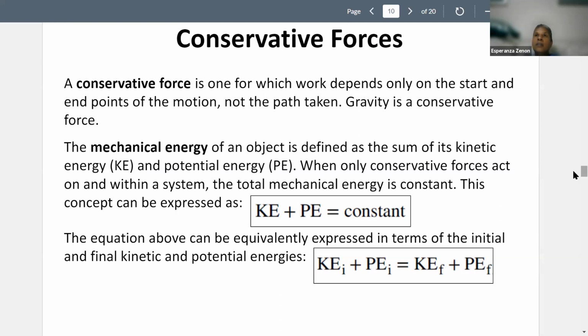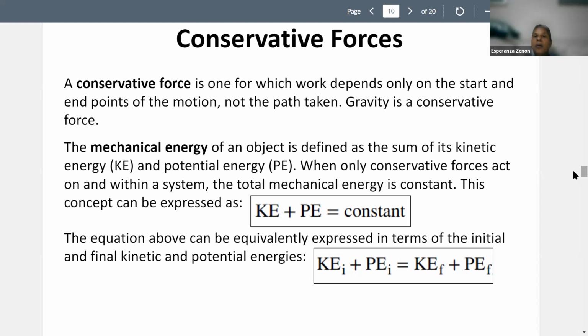Well, the only time that you will have energy being conserved is if the forces that are being exerted are conservative forces. Well, how do we know if a force is conservative? It says here, a conservative force is one for which work depends only on the start and end points and not the path taken.